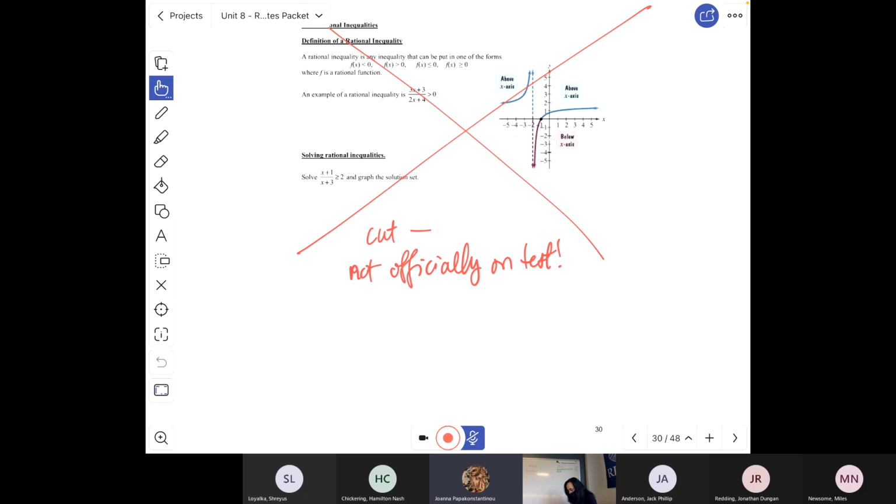Then you will have two beautiful rational functions that you will have to identify all discontinuities, describe intercepts, domain, and graph. Graphing includes labeling everything.